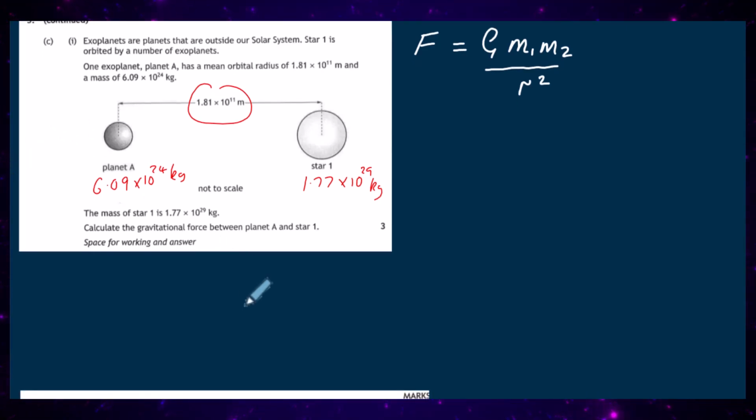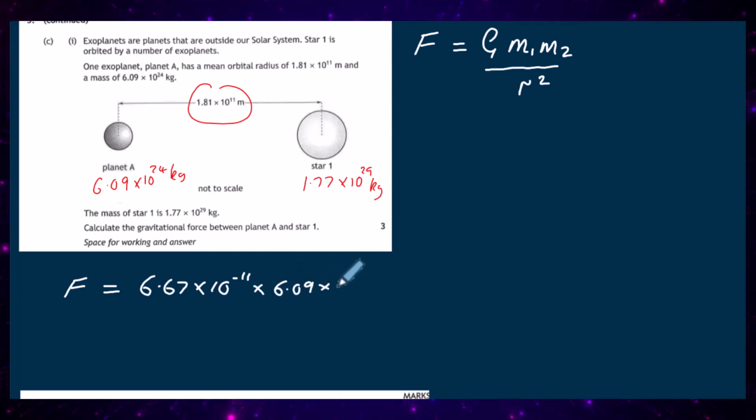So using our equation, we can put in our numbers. The gravitational force between these two bodies is, first of all, the universal gravitational constant, which is 6.67 times 10 to the minus 11. m1 we can call planet A, so it's multiplied by 6.09 times 10 to the power 24.